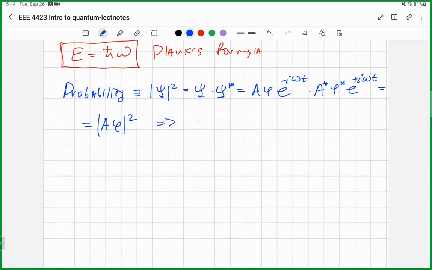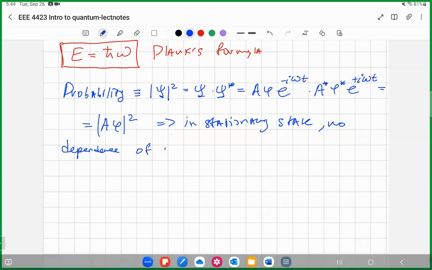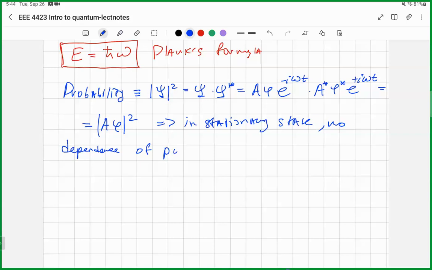So in the stationary state, the probability doesn't depend on time. So no dependence of probability on time. The probability doesn't depend on time in the stationary state.